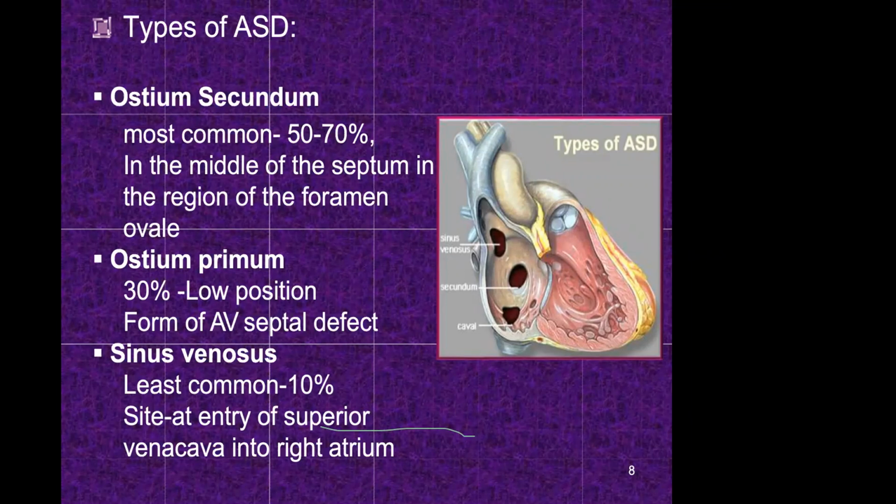For the ostium secundum, as I had already said, the ASD patients are mostly asymptomatic. But with the passage of time, over years to decades, patients may experience symptoms depending on the type and the severity of ASD.